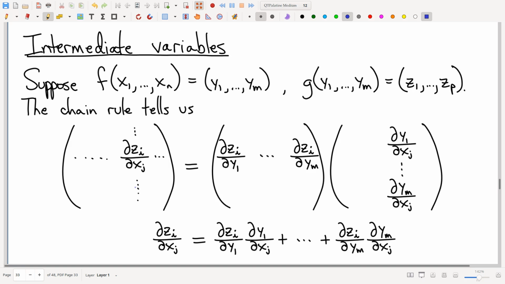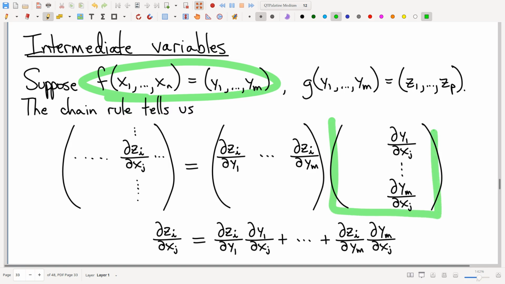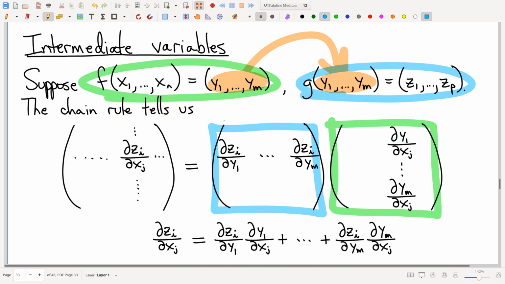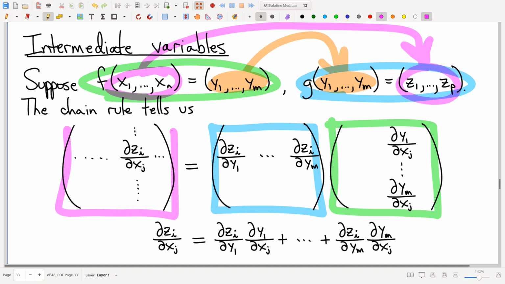So here we go. As usual, we're going to talk about a first function that'll have a derivative matrix, and then a second function that you can see we're composing, because what comes out of the first goes into the second, right? And so that second function, its derivative matrix will be like this, and then you can think about the composition, and the derivative matrix for that composition is the product of the individual matrices.